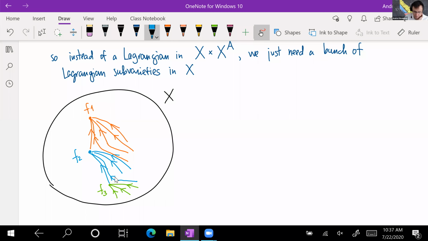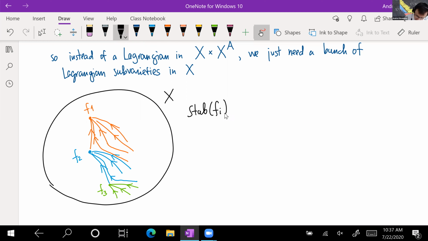And so for each one of these fixed points, we would like its elliptic stable envelope. What should the elliptic stable envelope of each fixed point be? That should be like an elliptic homology class.